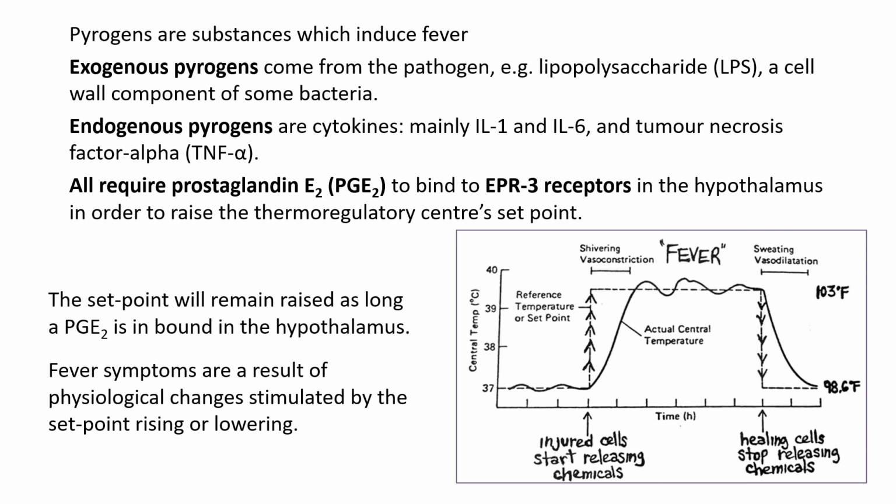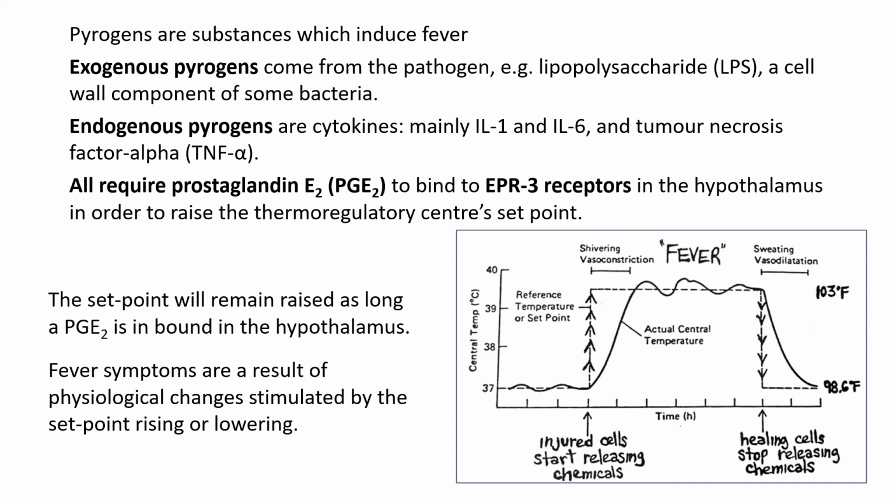Now, we can raise the set point, but of course a lot of the signs and symptoms that we see are due to the body responding to meet this new set point. So fever symptoms are the result of physiological changes stimulated by the set point being raised or being lowered.